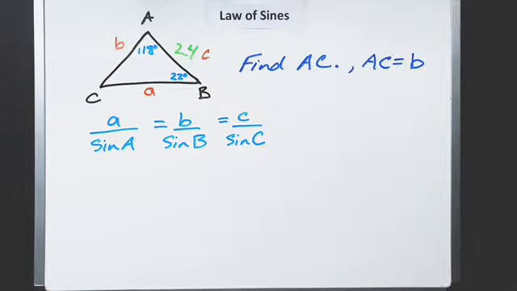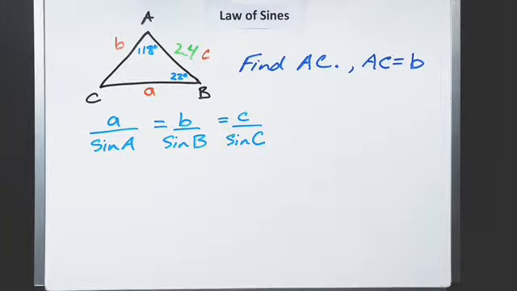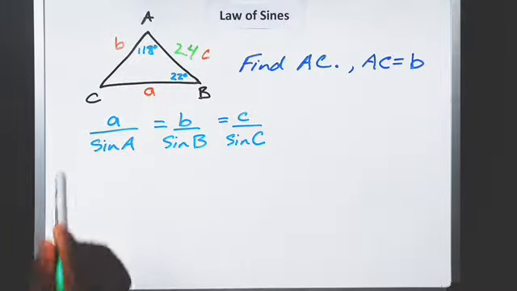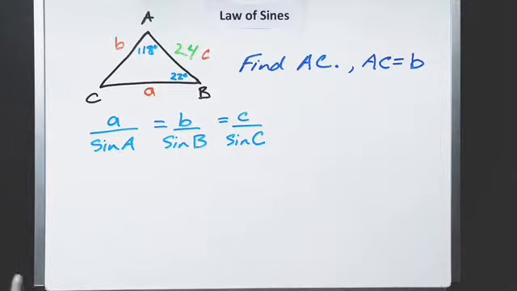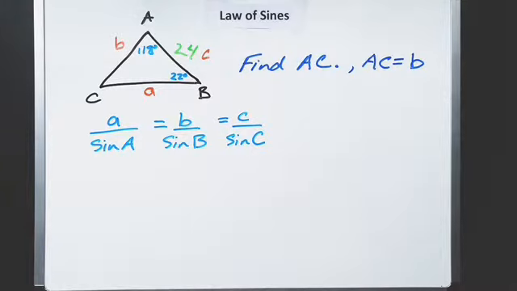So in our first step, we need to find angle C. When we find angle C, then we'll be able to write the appropriate proportion to solve for side length b. Let's do that math work over here.